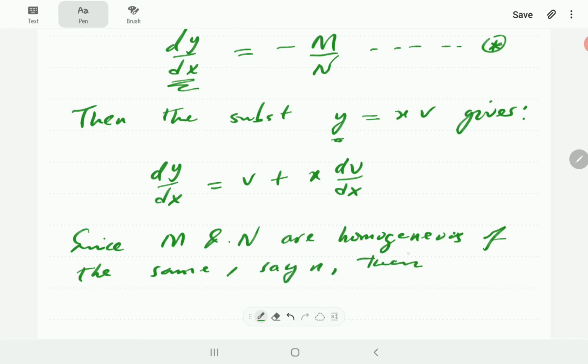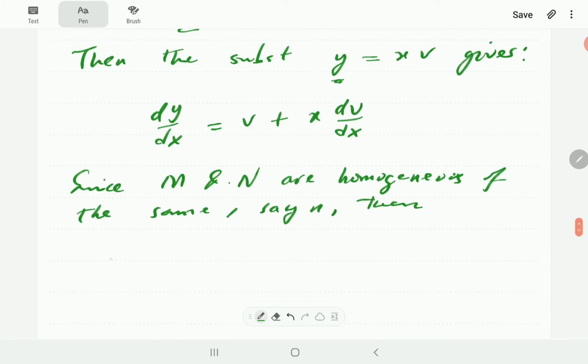Then what's going to happen is, for M of x, y, we plug in xv in the place of y, because that's what the substitution is giving us.